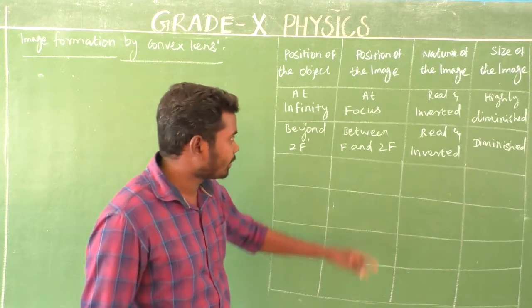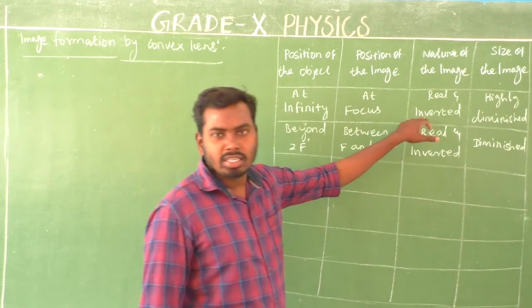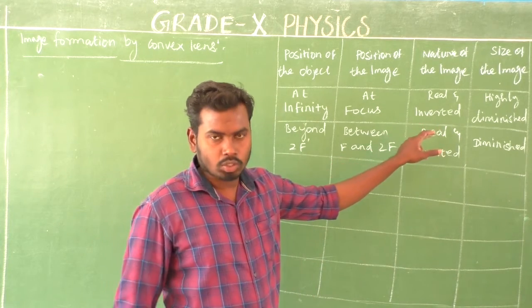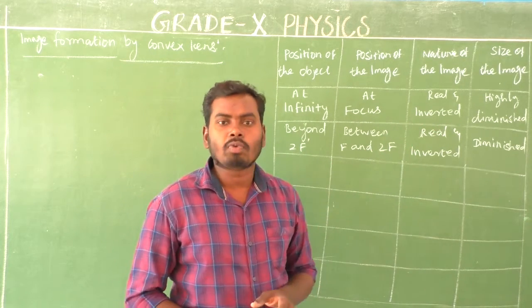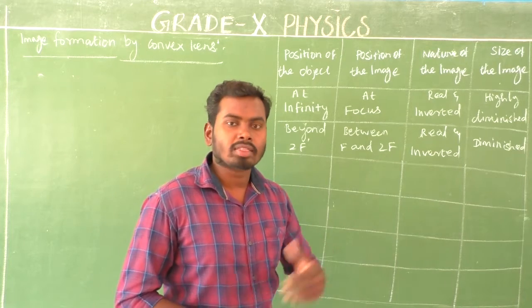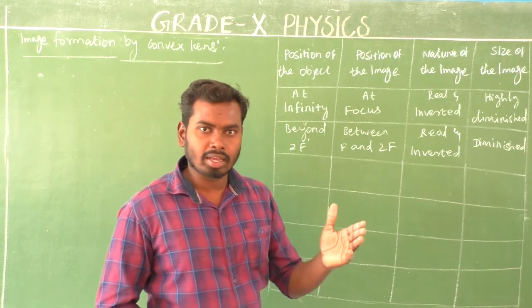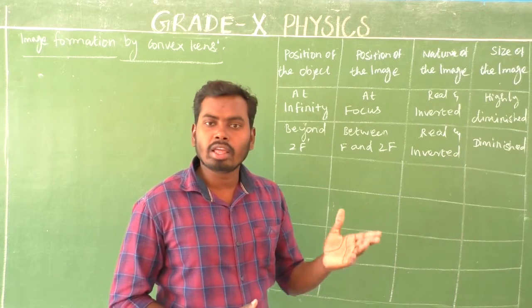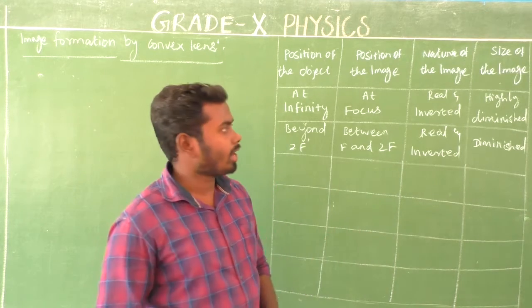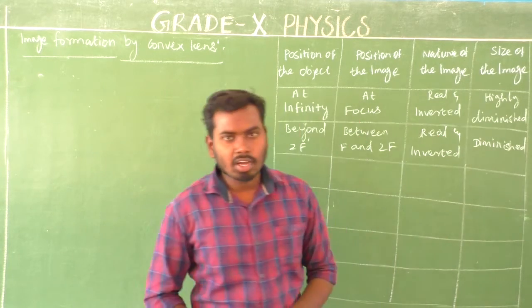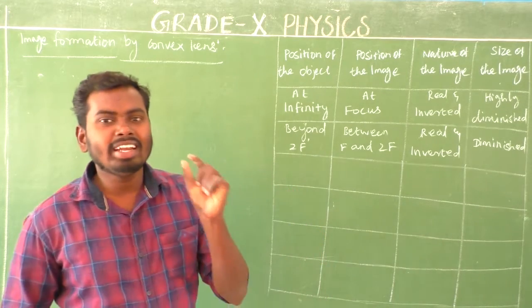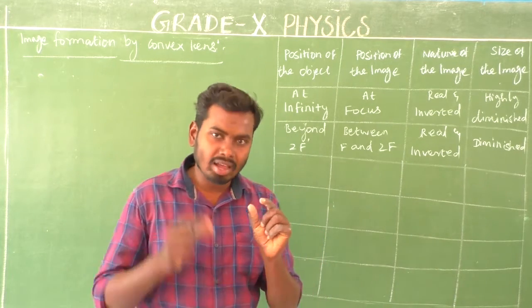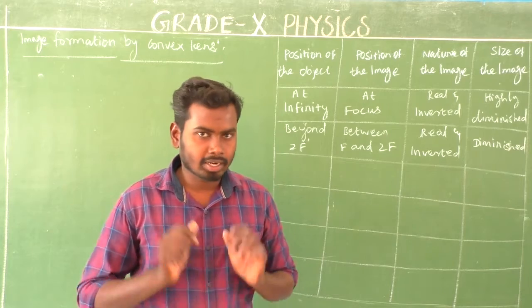That image is real and inverted, because it is formed on the principal axis, so it is considered a real image. All real images are inverted. The size of the image is highly diminished, which means very small compared to the object.